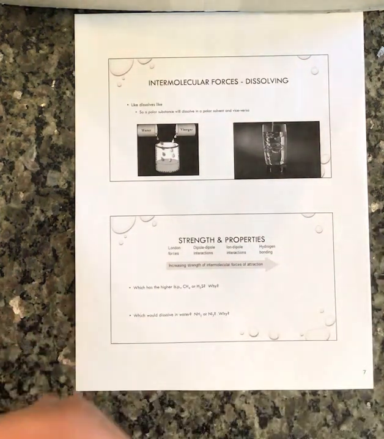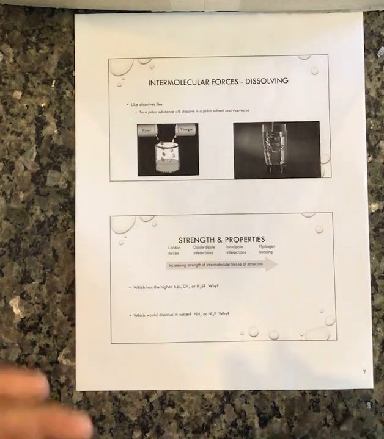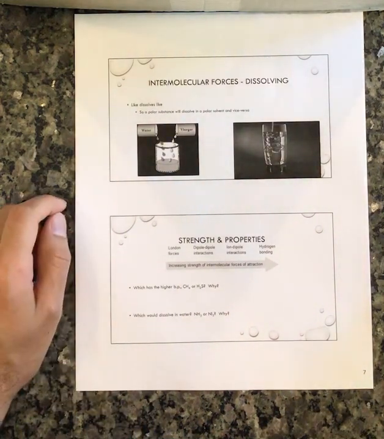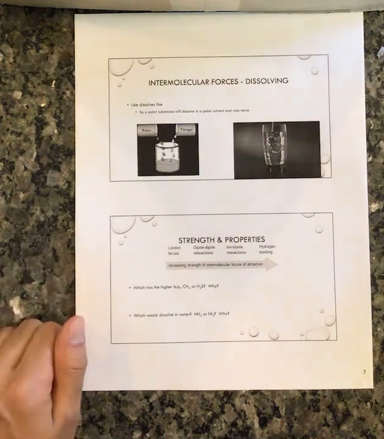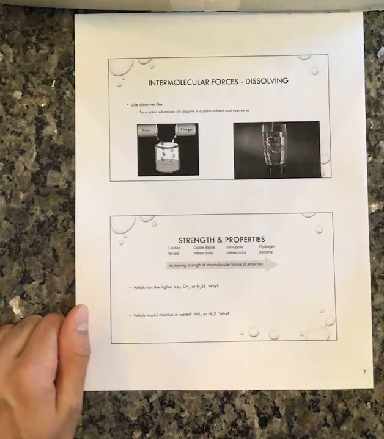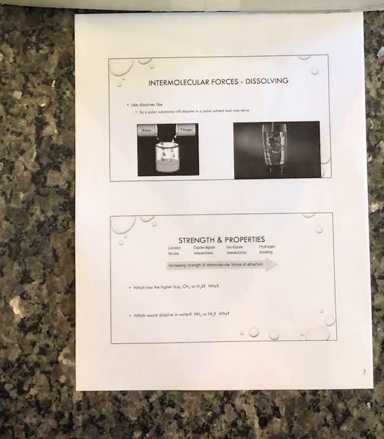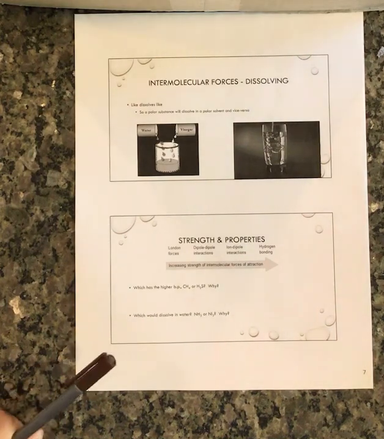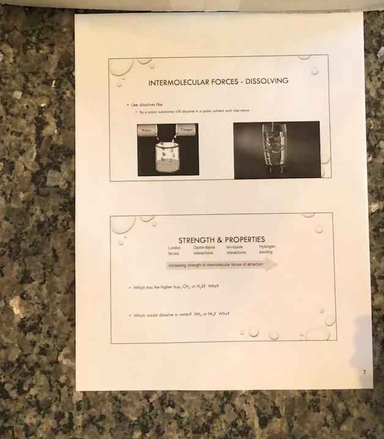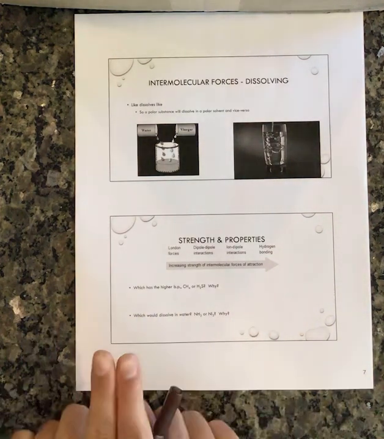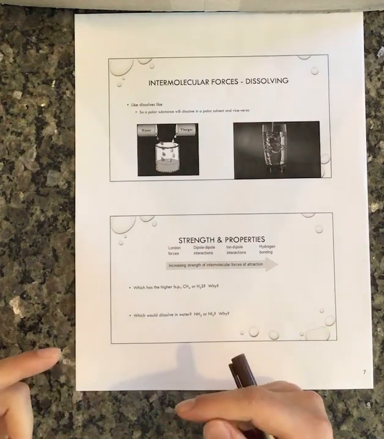For example, if we had oil and vinegar, if you mix oil and vinegar together, are they going to mix? No, they're not. The reason why they don't mix is because oil is a non-polar compound and vinegar is polar. Those 2 do not like each other, so they're not going to mix.